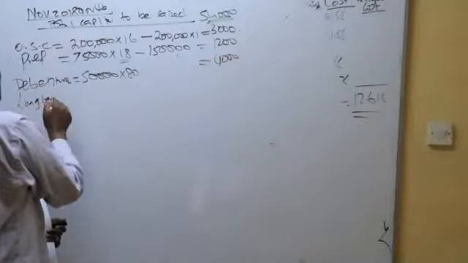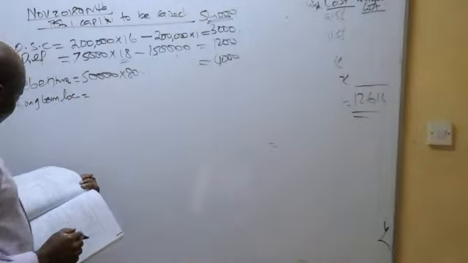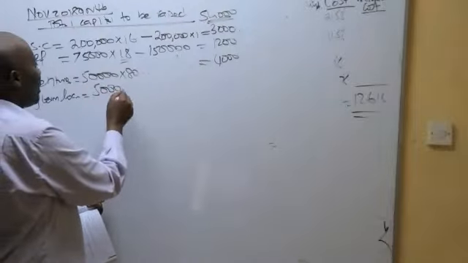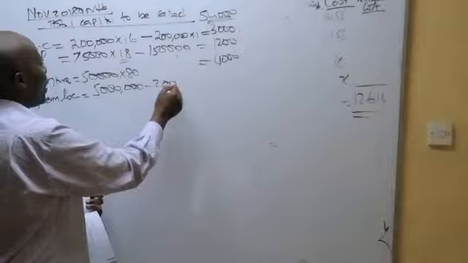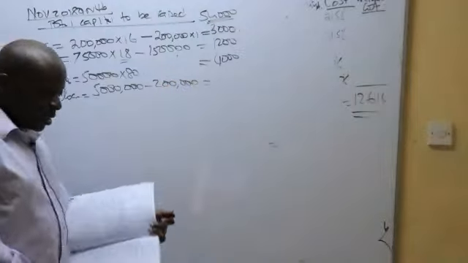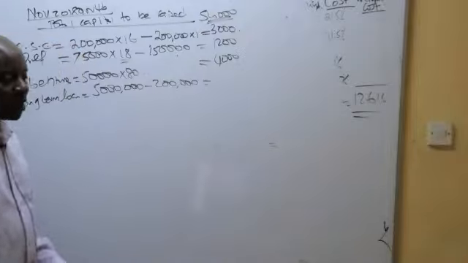The long-term loan, what do we have? It's 5 million, but here we have got 200,000 as flotation.